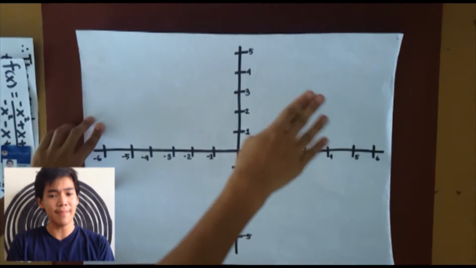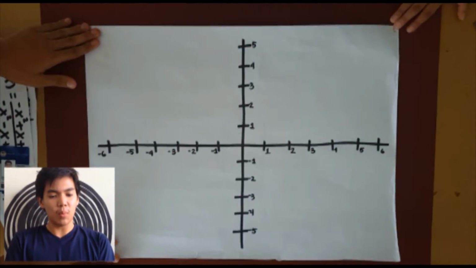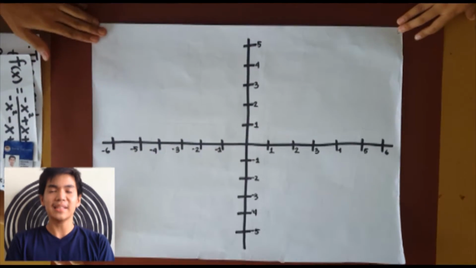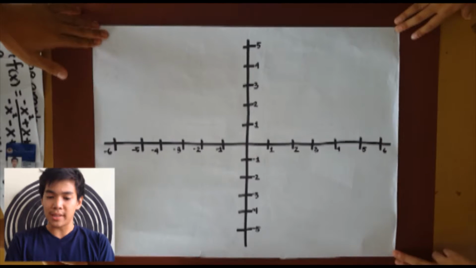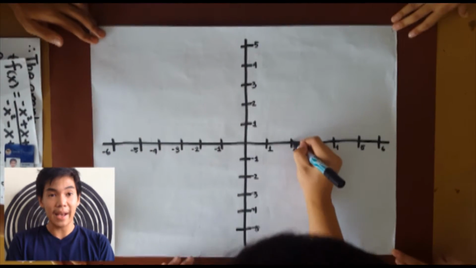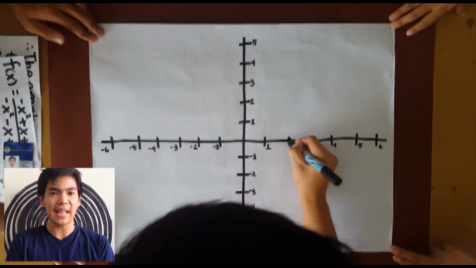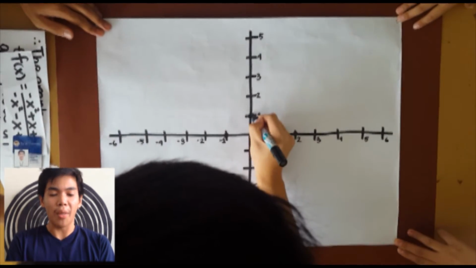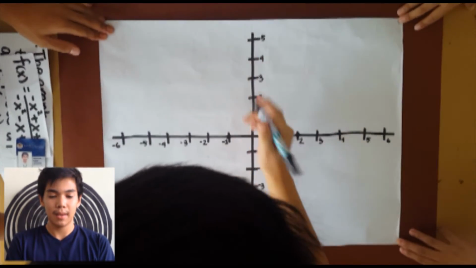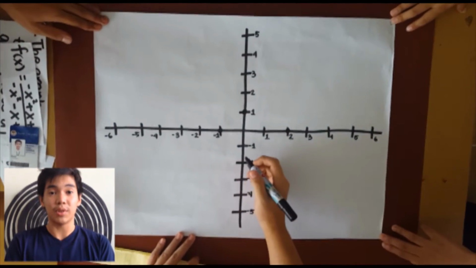Graphing comes very simple. Let's start with plotting the x and y intercepts on the graph. So we plot the points 2, 0 and negative 1, 0 on the x-axis and plot the point 0, 1 on the y-axis. Now let's proceed to the asymptotes.